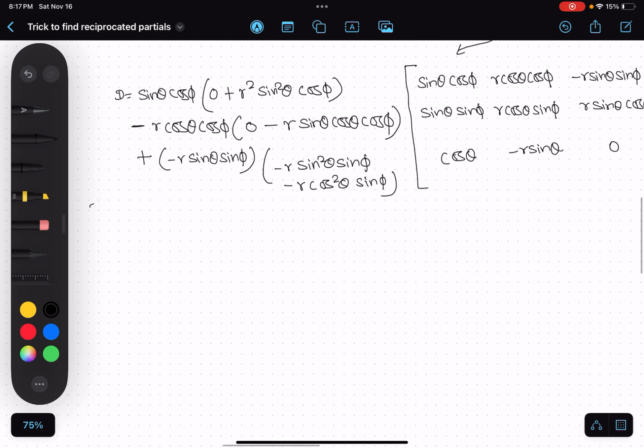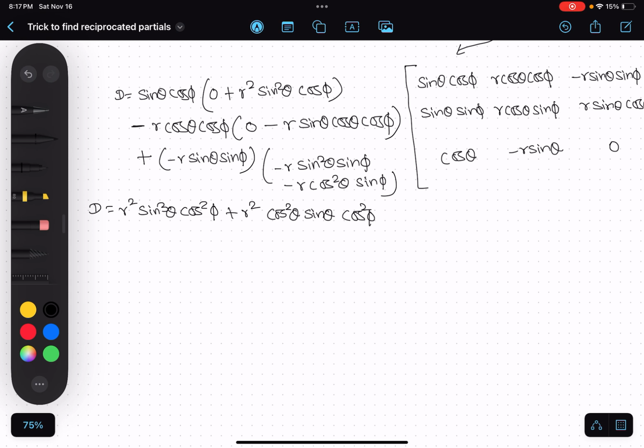Now this determinant will just be r square sin cube theta cos square phi, and then plus r square cos square theta sin theta cos square phi.